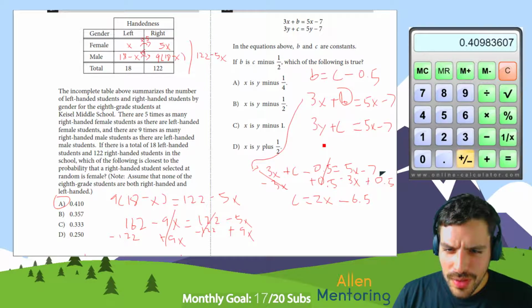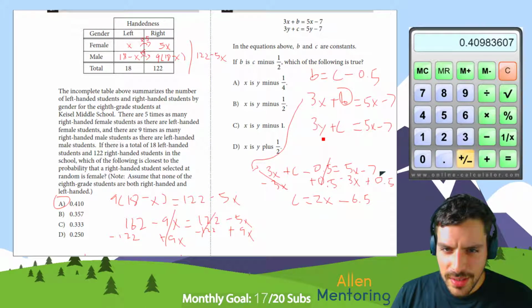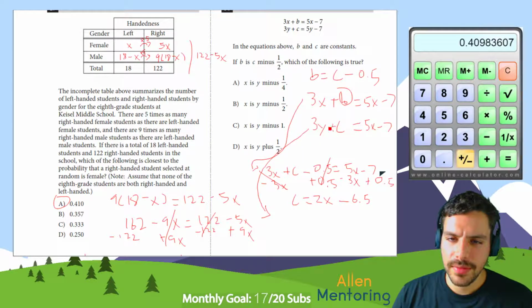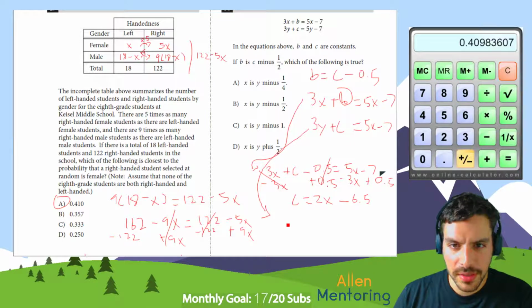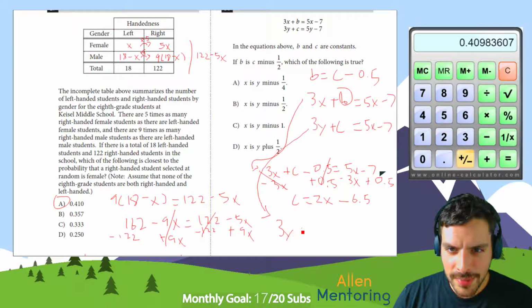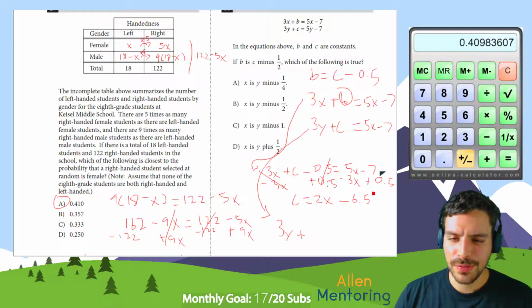So now let's look at this equation down here and substitute c into this equation. So now we have 3y plus, and I'm going to substitute this value for c.